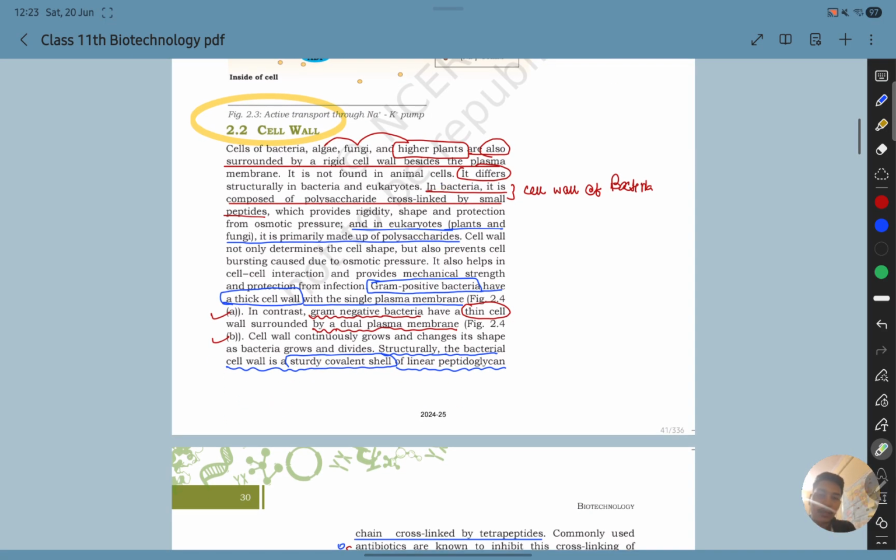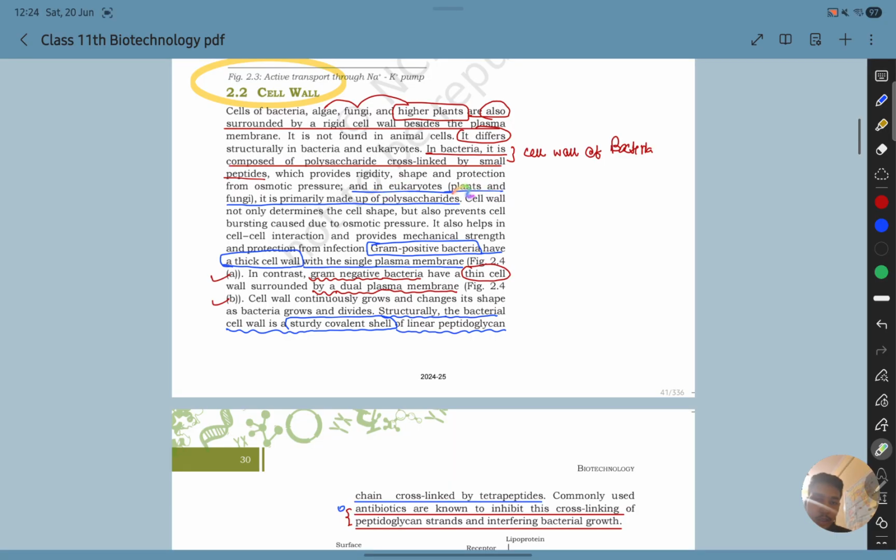In bacteria, this is a very important thing which was recently asked in a PYQ in UPSC: the bacterial cell wall is composed of polysaccharides cross-linked by small peptides. It is written that the cell wall of bacteria is composed of polysaccharides cross-linked by small peptides, and in eukaryotes it is primarily made of polysaccharides.